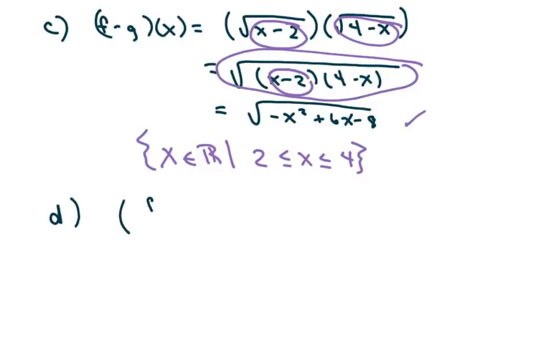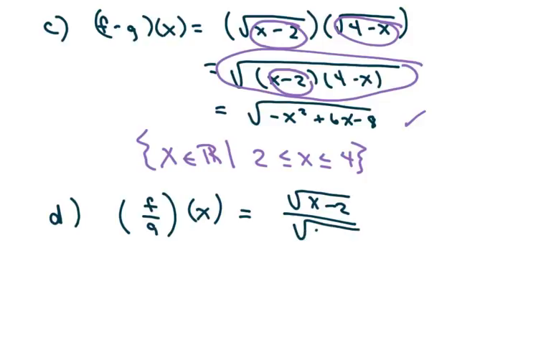And the last bit is the division part, f over g of x. So we're going to get the square root of x minus 2 over the square root of 4 minus x. Even though it's not in the denominator, we still have to consider that x is greater than or equal to 2.